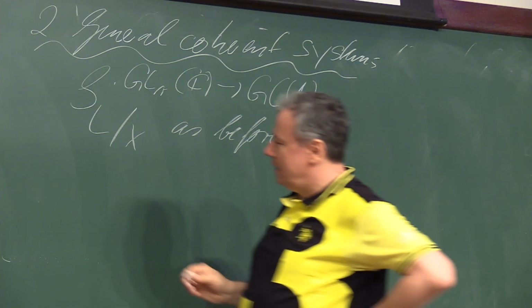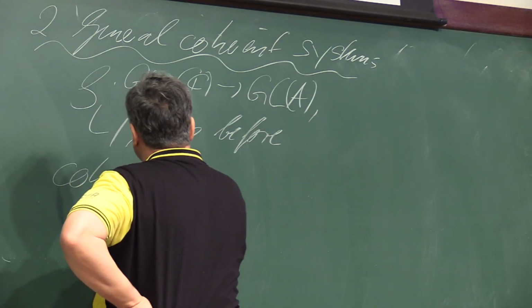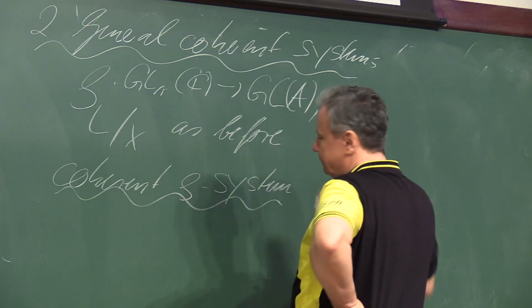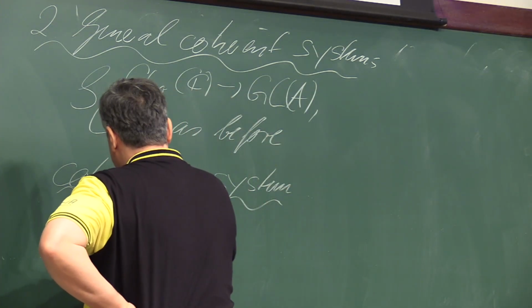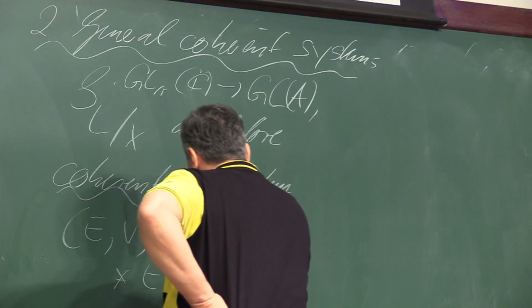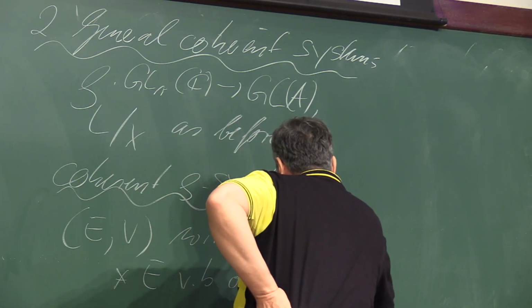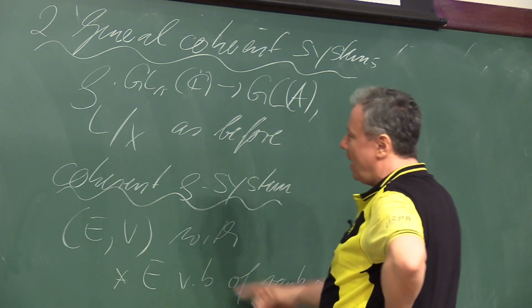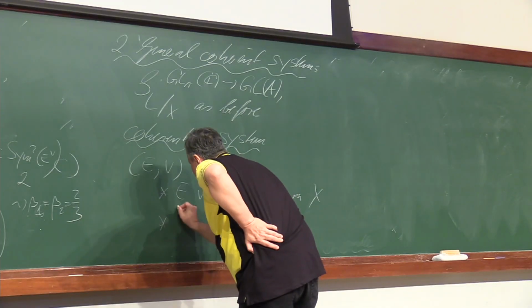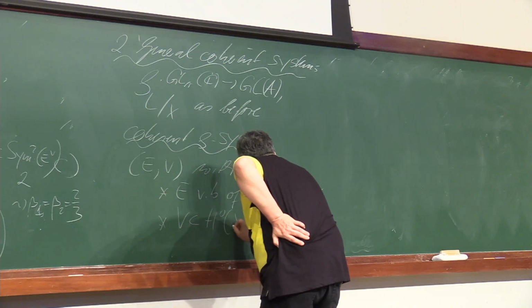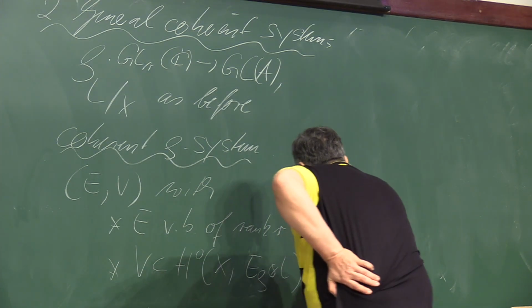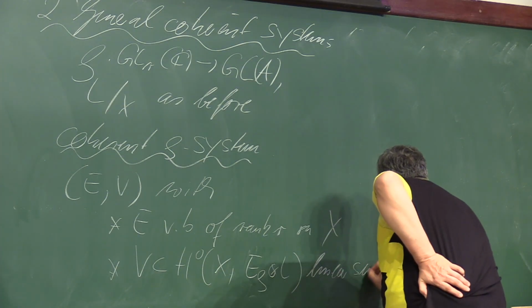And now I say that a coherent rho system is a pair E, V with E a vector bundle of rank R on X. So R is fixed because I'm looking at the representation of GLR, and V inside the global sections of E rho tensor L is a linear subspace.